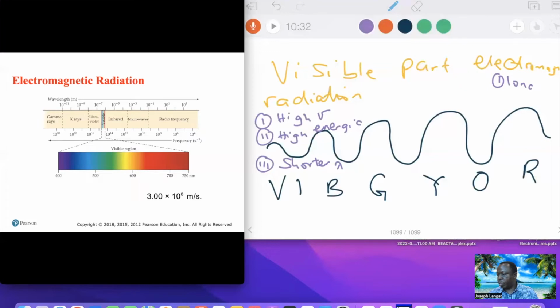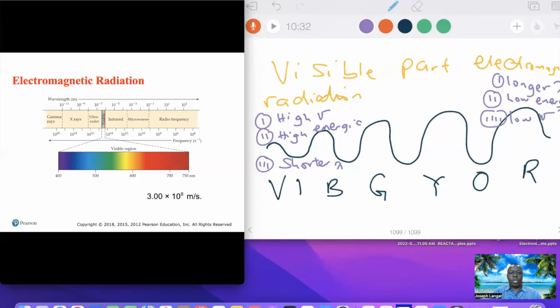On this region, longer wavelength, low energy, low energy, low frequency as well.